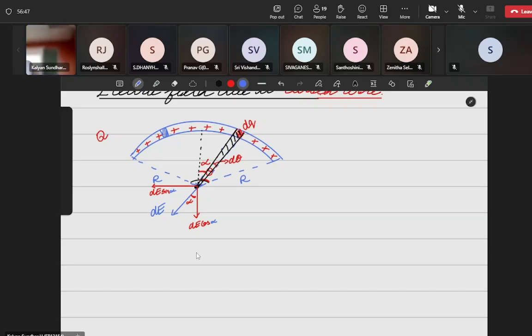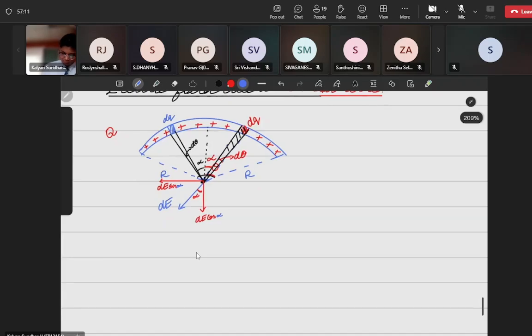Cos. This angle is d theta, and this is your alpha 1. Again, due to this part, an electric field is produced like this. The resultant of this I take as dE dash.